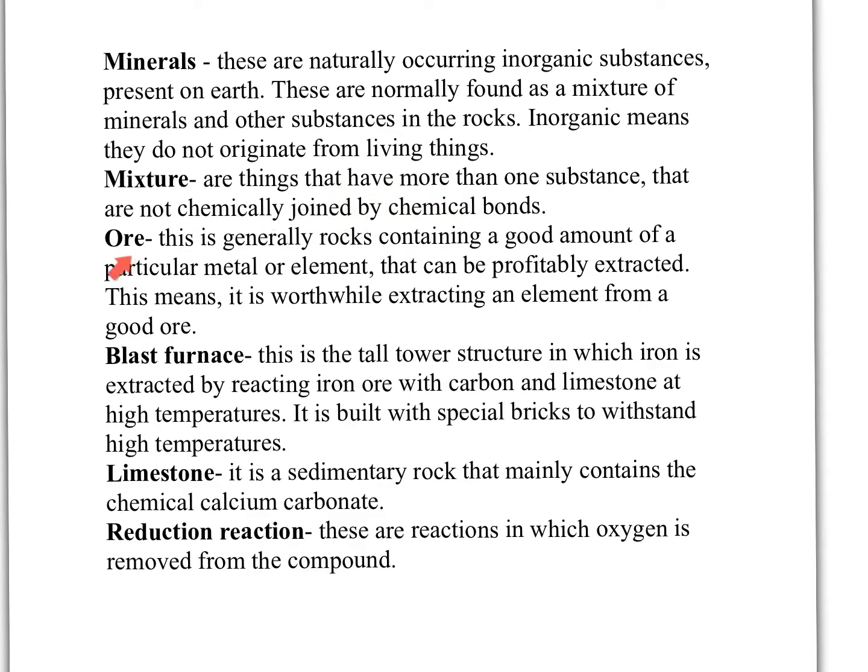Okay, next is ore. Now ore is an example of a mixture, as we generally refer to rocks which contain a good amount of a particular metal or an element that can be profitably extracted. So this means it contains a compound of a particular element that you're interested in. For example, copper.